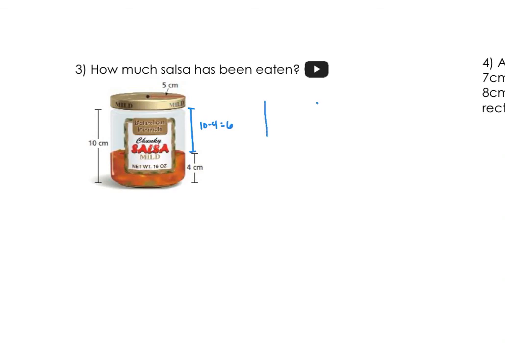So really, if I kind of redraw this, this is what we're trying to find. This is 6 centimeters, and the radius is 5 centimeters. So that is the volume of the cylinder that we are trying to find. So since it's a cylinder, its volume is pi r squared times the height. So it's going to be pi times 5 squared times my height, which is 6.